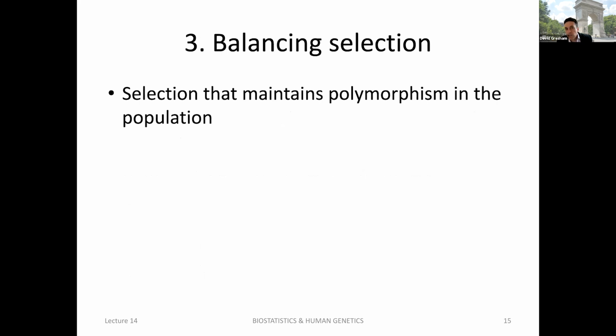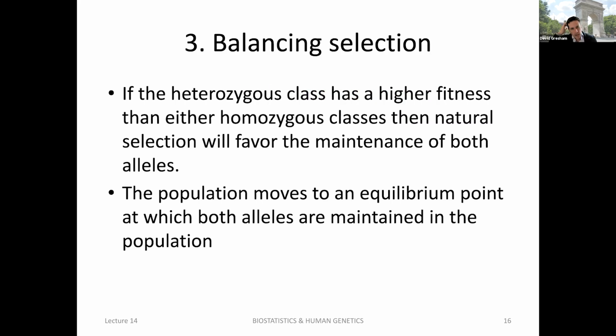And then the third type of directional selection is a really interesting phenomenon known as balancing selection. This is selection that maintains polymorphism in the population. One example of this is the phenomenon in which the heterozygous class has higher fitness than either of the homozygous classes.